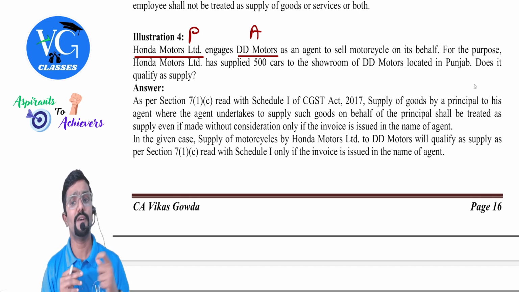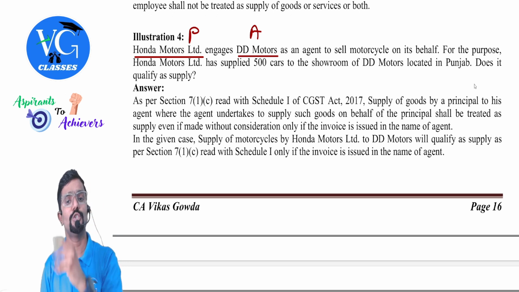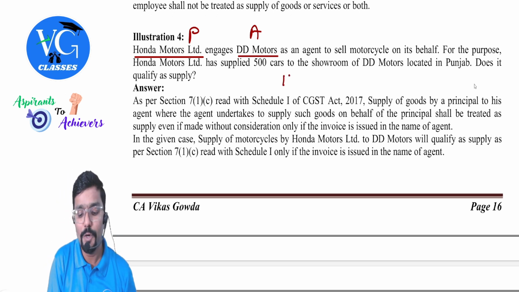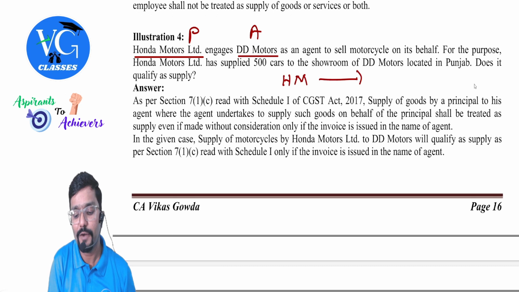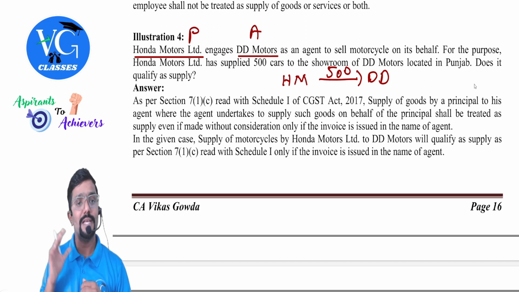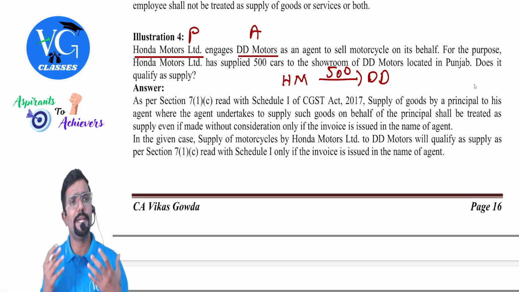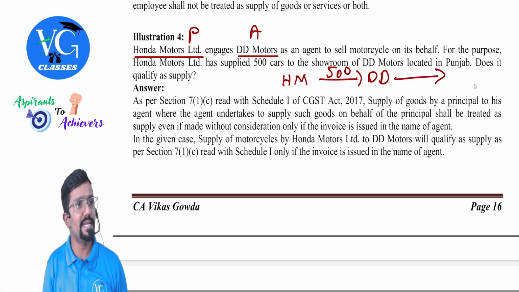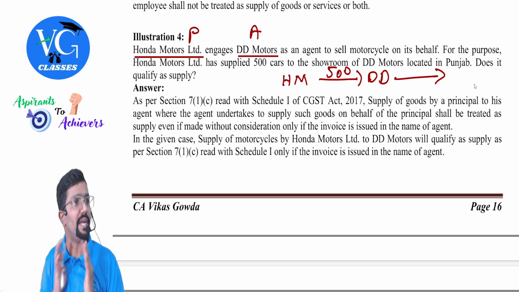For this purpose, Honda Motors Limited has supplied 500 cars to the showroom. Okay, that means Honda Motors has sent 500 cars to whom? DD Motors, located in Punjab. Does it qualify as supply? It depends. When DD is selling it, are they issuing the invoice in the name of Honda Motors or DD?